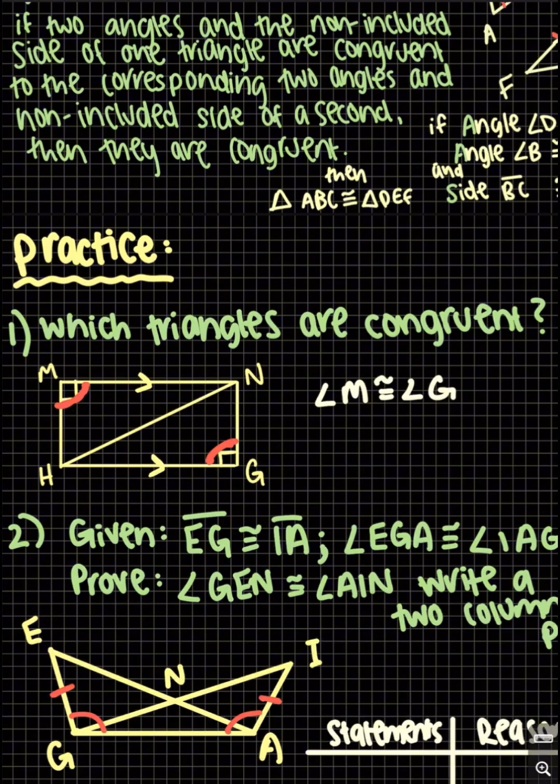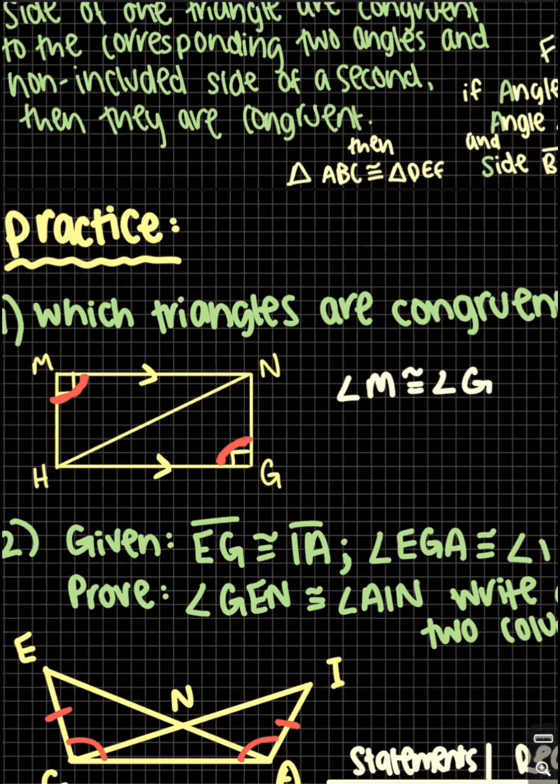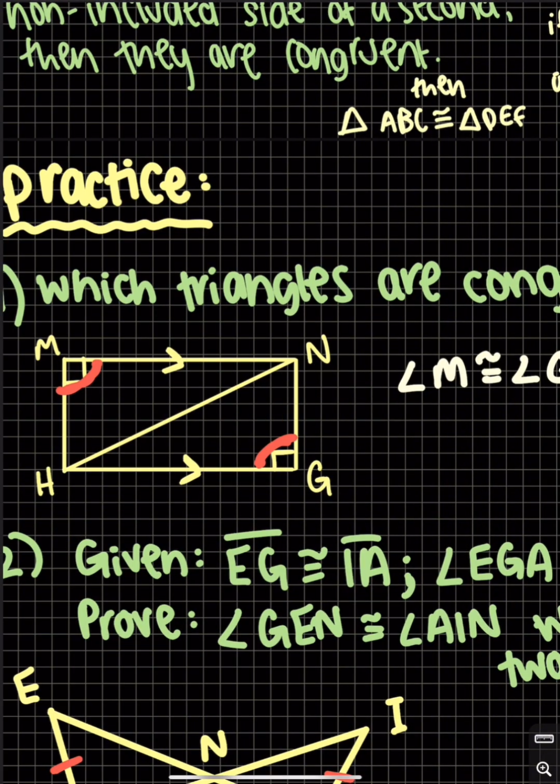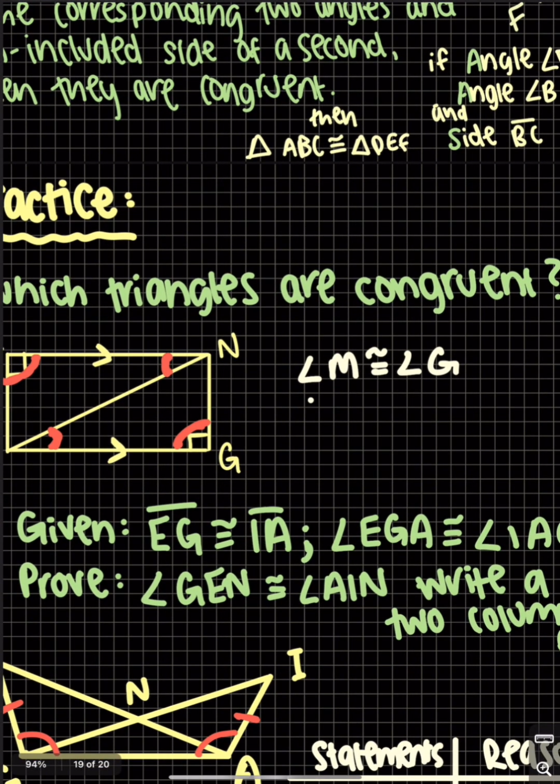Well, I know because of the properties that I've learned of transversals, meaning alternate interior angles. And because these are alternate interior angles, I can therefore say that this angle is congruent to this angle right here, okay? And so I already have two of my proofs right there.